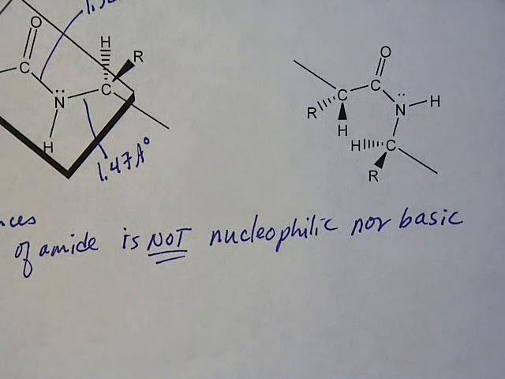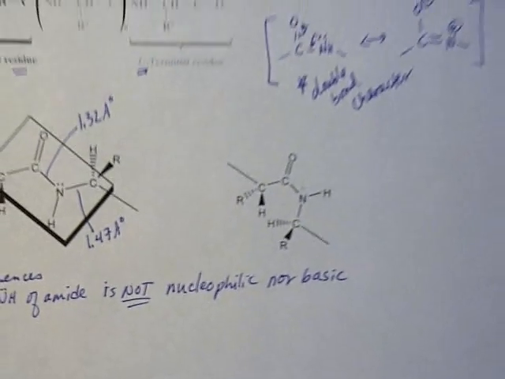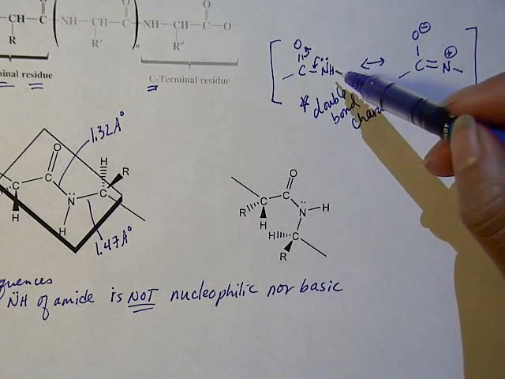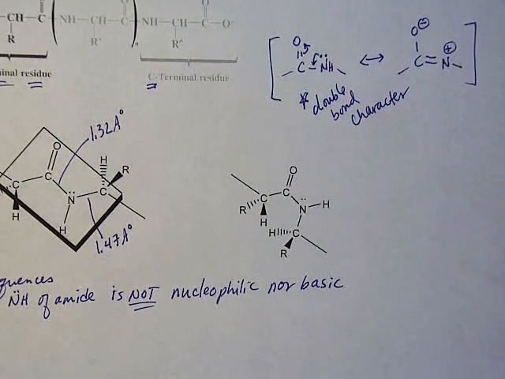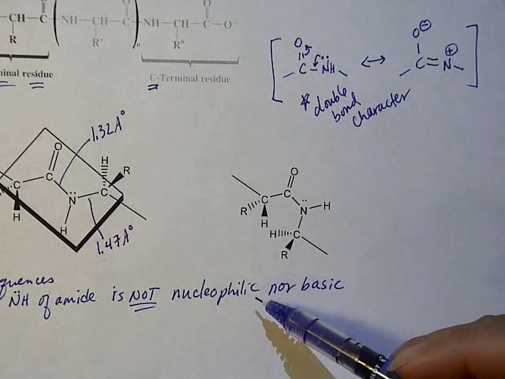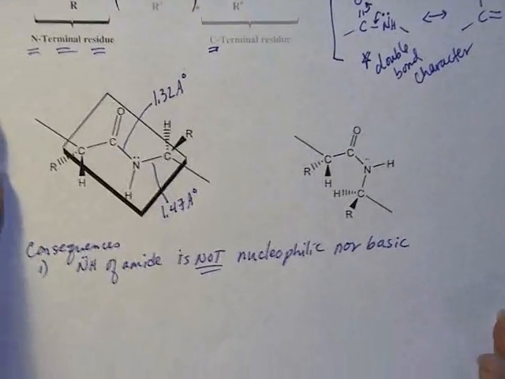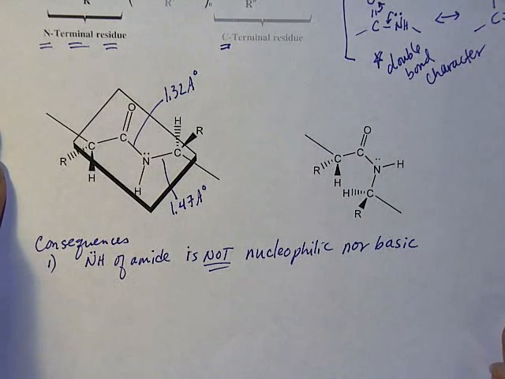We're talking about the reactivity of that nitrogen because it's busy sharing its electron density with the oxygen here, as shown here. The lone pair is really not 100% there, but it shares. So it's not going to be acting as a nucleophile or a base in amides. That's very different from an amine that's not part of an amide. A totally isolated amine without the C=O would be basic and nucleophilic, but this is not the case for amides, obviously.